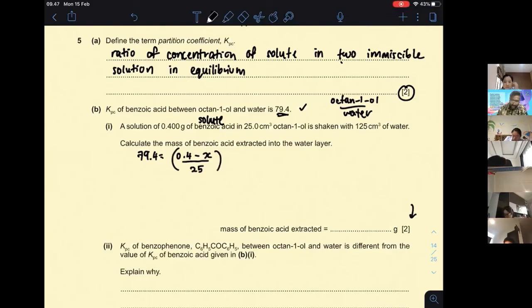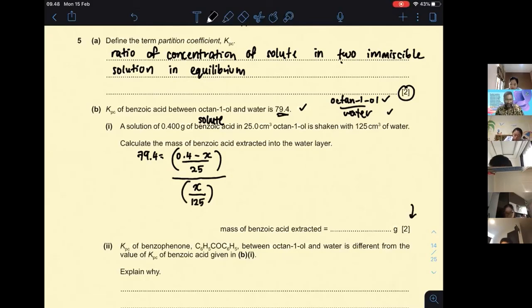Take note, I don't even change the 25 cm cube into dm cube, no need. As long as you're using the same unit up and down, it's still okay. So here, divided by the concentration in water. The one that dissolves, just take it as X, divided by the water volume, 125.